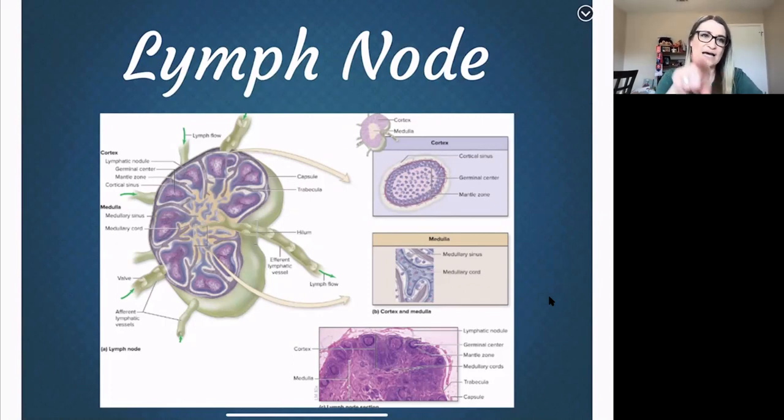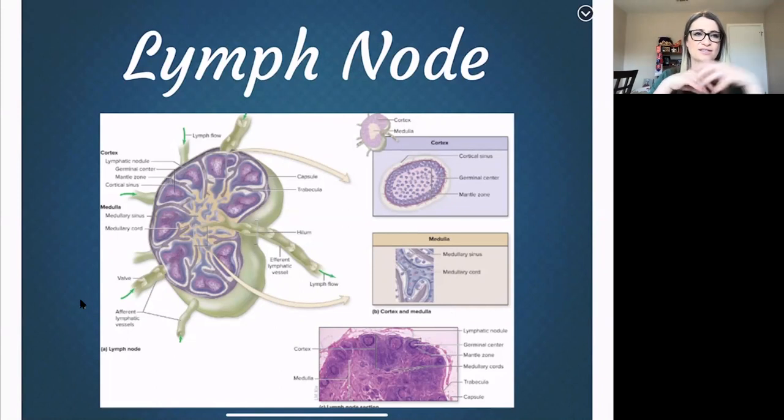There is that cortex and the medulla. The cortex is that purple and pink area that has the lymphatic nodules in it. And then the medulla is that purple yellowish area on that picture. And you don't have lymphatic nodules in the medulla, but what you do have is medullary cords in there with certain cells. There are also some vessels associated with this.